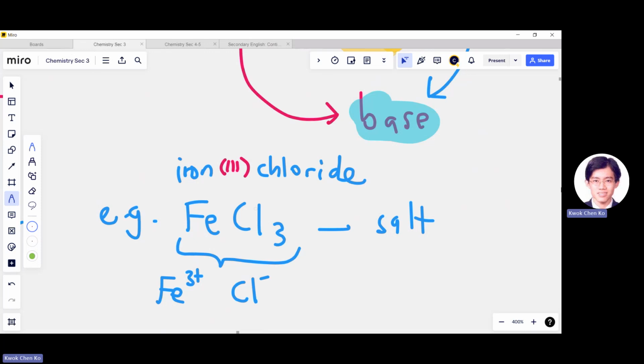So it's called iron 3 chloride. Yep, that's right. So take note, the 3 corresponds to the 3 plus. You're going to see this 100%.